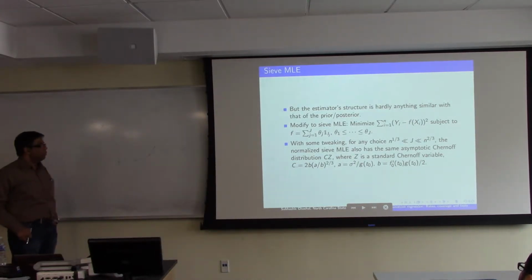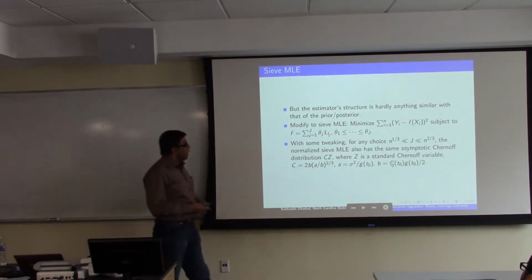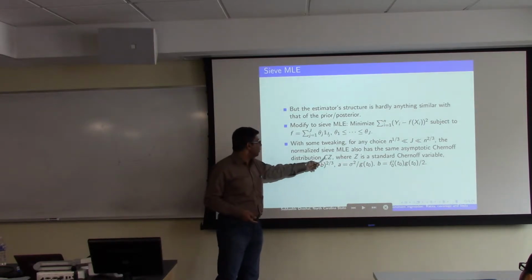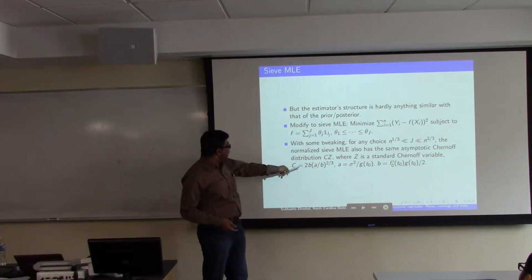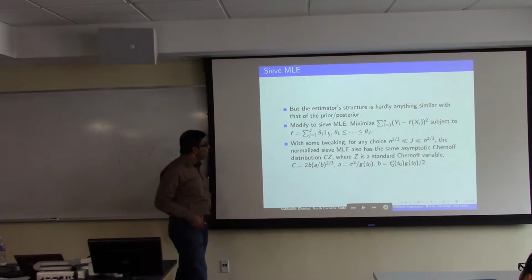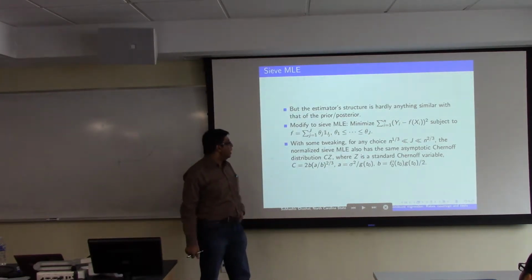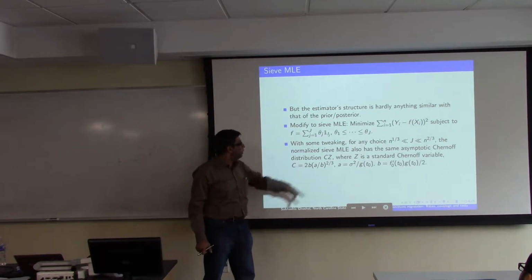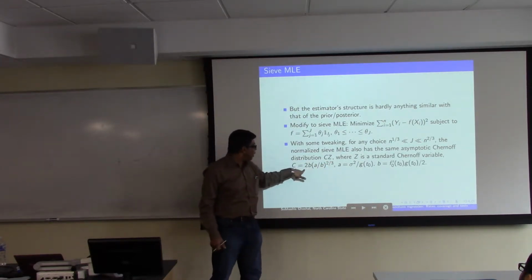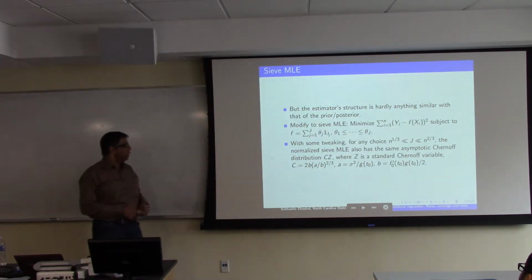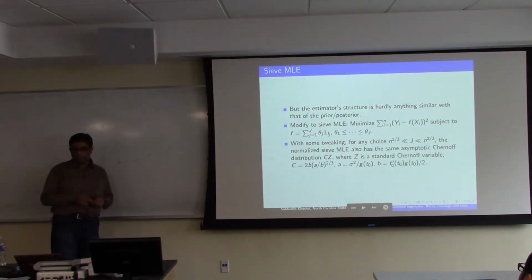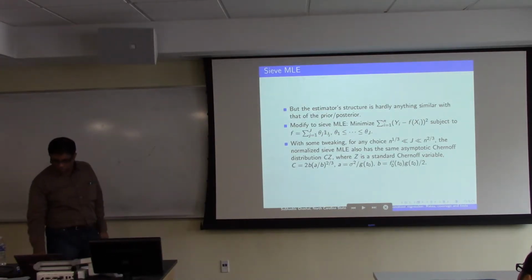That's the Chernoff distribution, the standard Chernoff. The constant that appears is given in this way: A is sigma squared divided by the density at T0, B is that, and the constant is obtained from A and B in this particular way. So that's exactly the same as the distribution of the maximum likelihood estimator, and very much similar to what we have in the posterior.